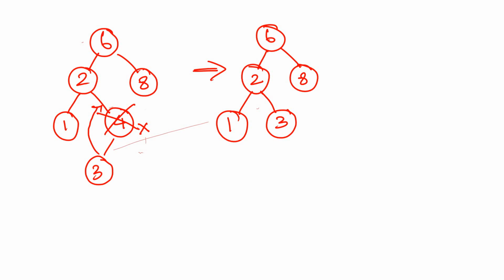So this is the BST when we are deleting the non-leaf node which is having only one child. So next, we will see how we can delete a node which is having two children.